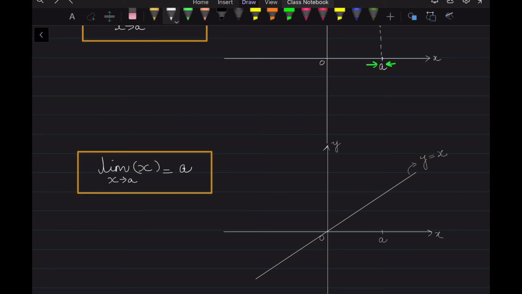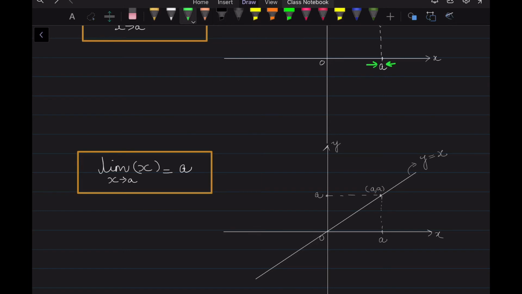Now we know that corresponding to this point a, the point on the graph has the coordinate (a, a). So this point is a on the y-axis. And this coordinate is obvious because all along this line, y is equal to x. So if x is equal to a, y has to be a.